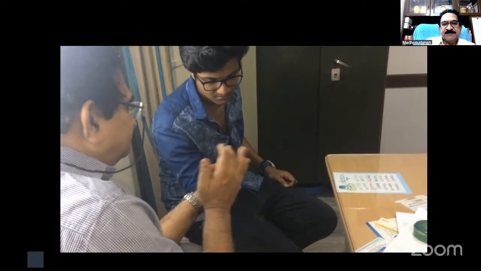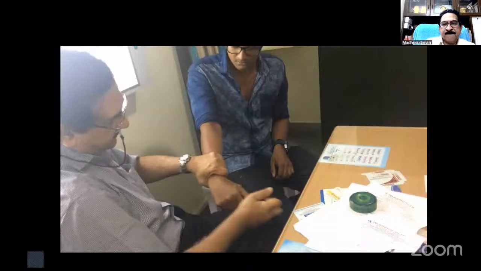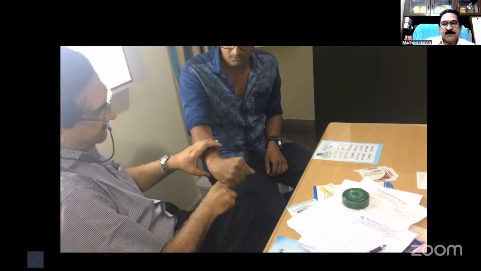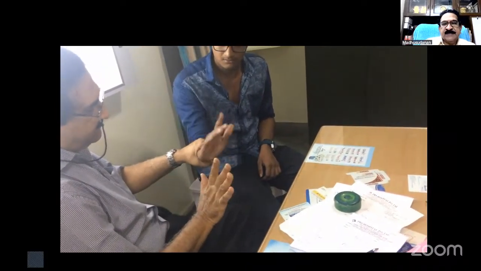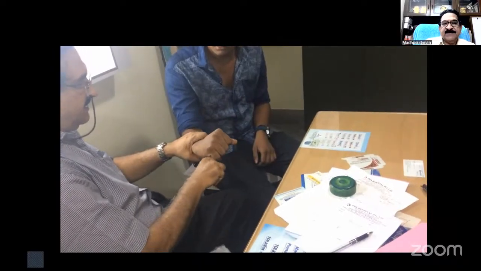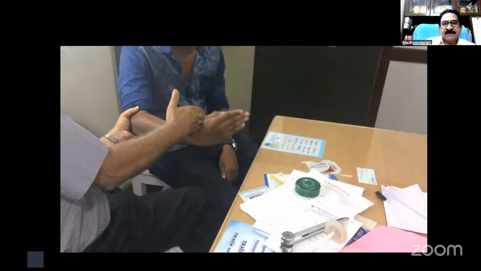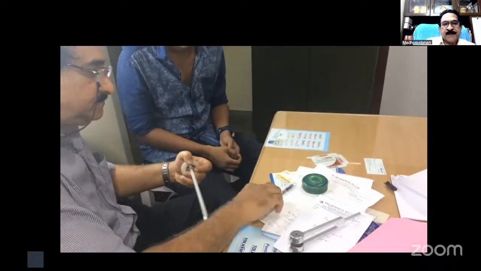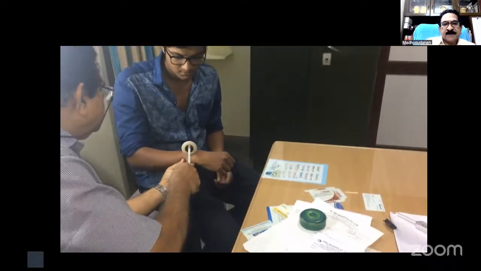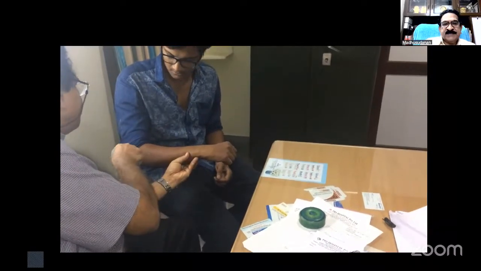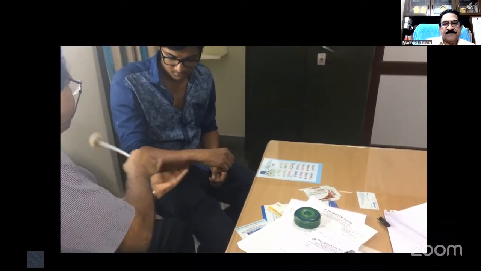Extensor carpi ulnaris is markedly weak. On clenching the fist, the hand goes into radial deviation. Brachioradialis is normal. Supinator jerk and triceps reflexes are normal.